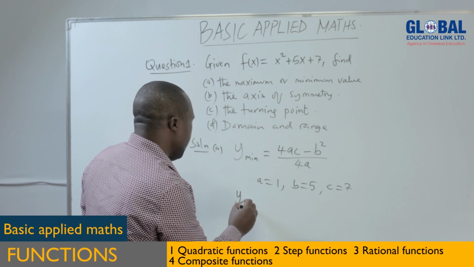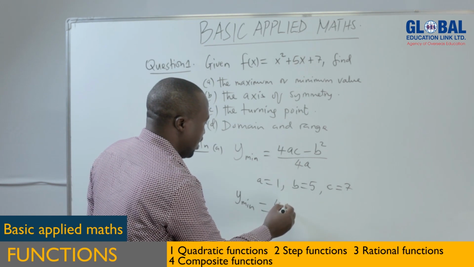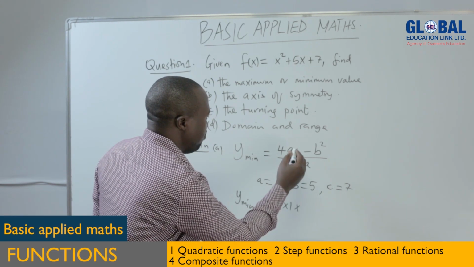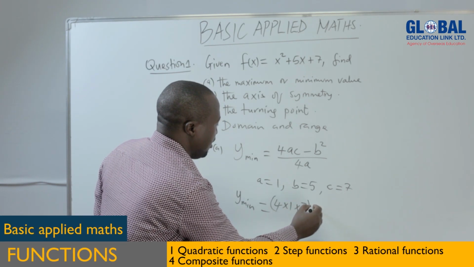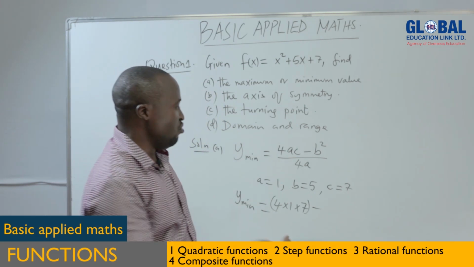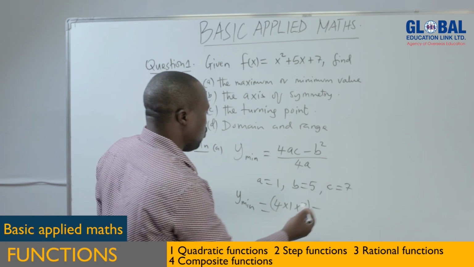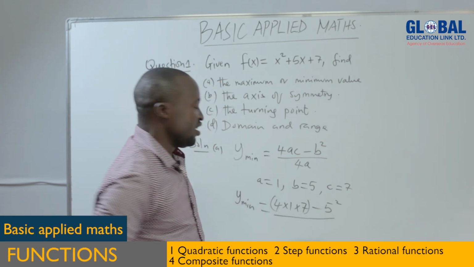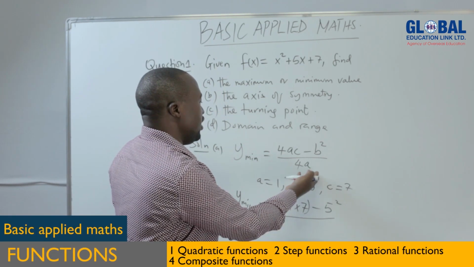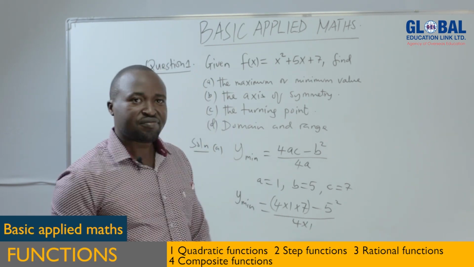Therefore, y min will be equal to 4 times a, our a is 1, times c, c is 7, then minus b squared, so 5 squared, over 4a, that is 4 times 1.